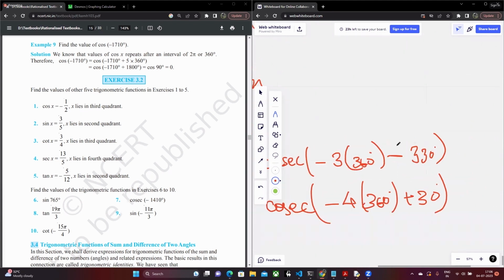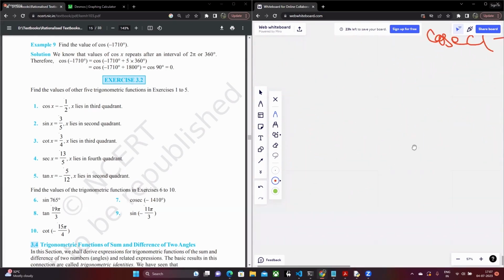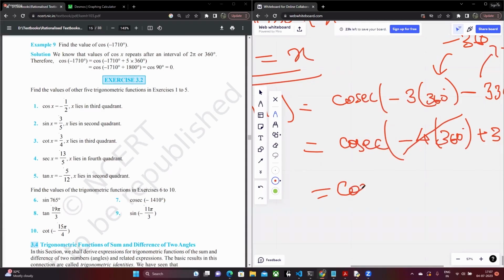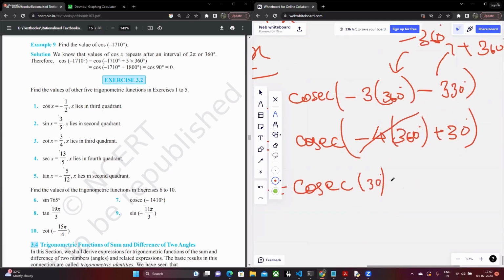Inside over here, I've just subtracted and added 360. The subtracted 360 goes over here, and this I'll add 360. Right. So since n times 360 makes no difference, that's a complete circle, right? I'm basically left with cosecant of 30 degrees. Since sin 30 is half, cosecant 30 is 2. That's your answer.